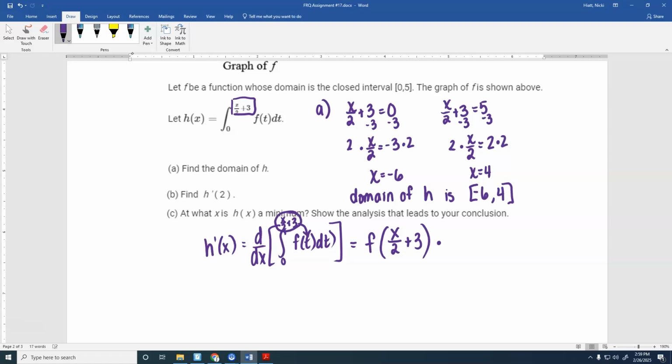And then we've got to multiply by the derivative of x over 2 plus 3. What would the derivative of x over 2 plus 3 be? It's 1/2. Because x over 2 is the same as 1/2 times x. So its derivative is just 1/2.